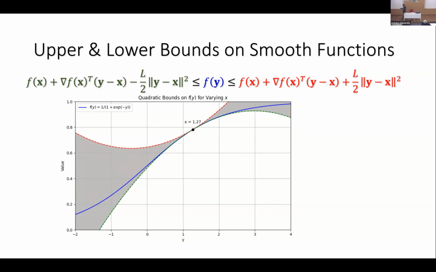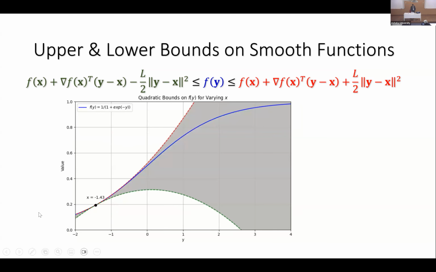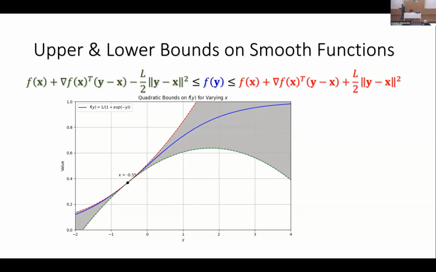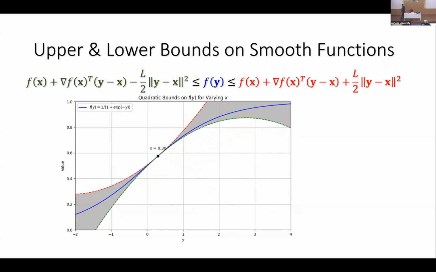No, they are not constant. They are changing because they are touching this function at different points. So they are not constants. Observe very carefully. The green curve is changing, and the red also. Its curvature is constant in the sense that the L value is constant.